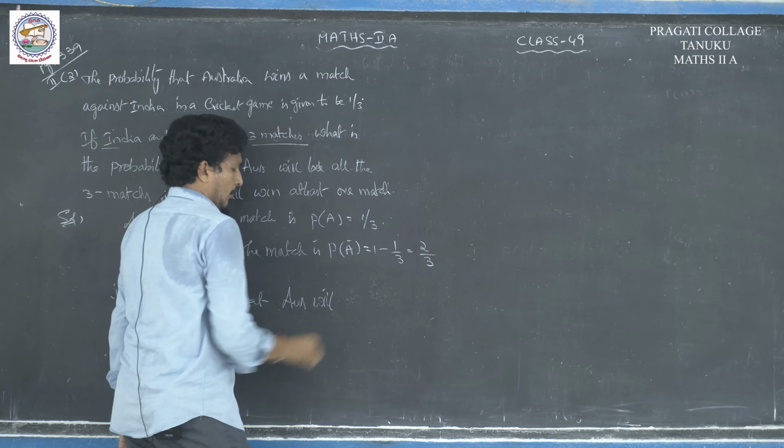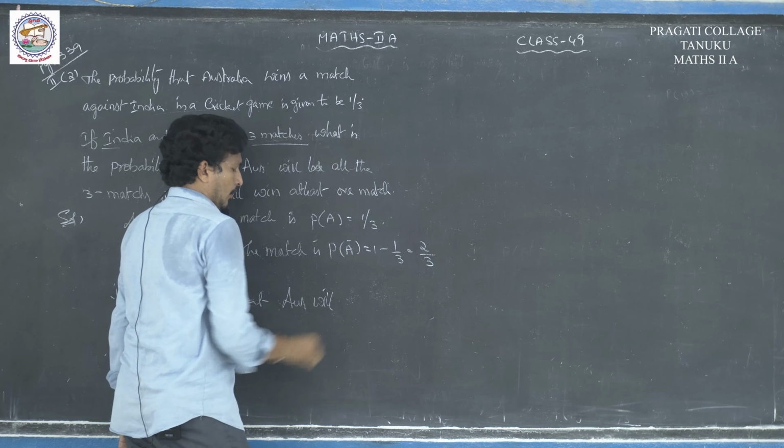The complementary event is E bar, where E means Australia will win at least one match. Okay, observe that. What is E bar? Australia wins one match or 2 matches or 3 matches. There are 3 possibilities. What is the complementary event? The complementary event means Australia will lose all the 3 matches. What is the remaining possibility?